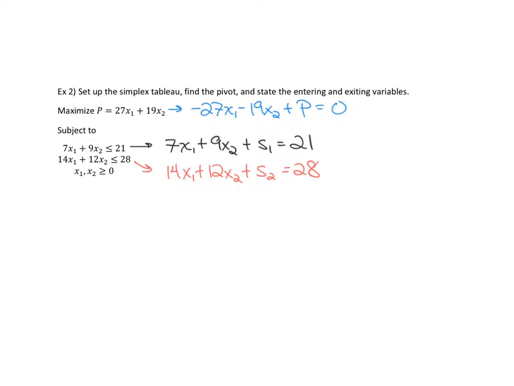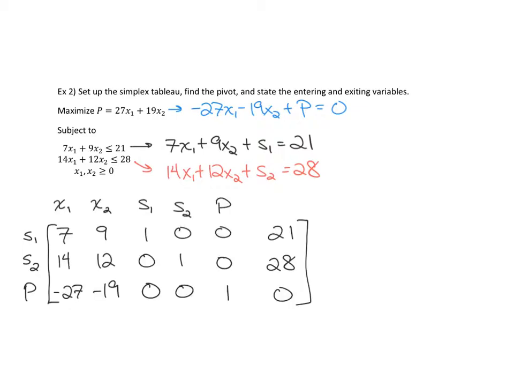We always want to put the equation with S sub 1 first, the equation with S sub 2 second, and if you have other successive slack variables, then you put S sub 3 next and S sub 4 next, and so on. And you always want to end up with P, or the objective function, at the bottom. So we can get this all set up here to get that simplex tableau. That looks really nice.